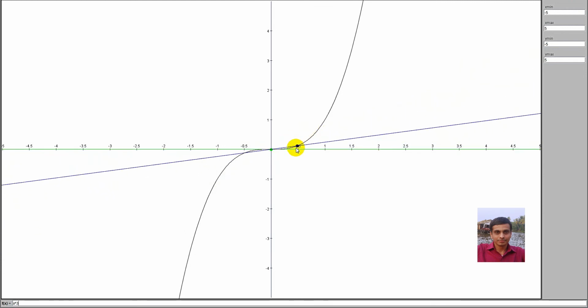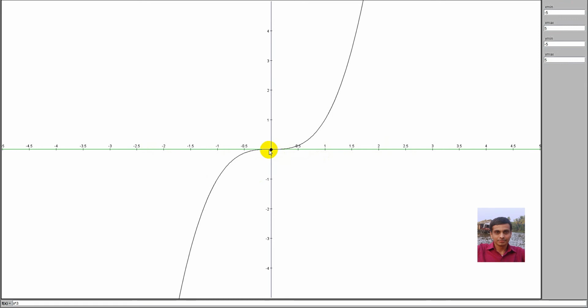And note what the tangent line is in this case. The tangent line to the curve x cube at point x is equal to 0 is the x-axis. It is crossing the curve. It is not touching the curve. It is crossing the curve. And you know that x cube is a differentiable function.